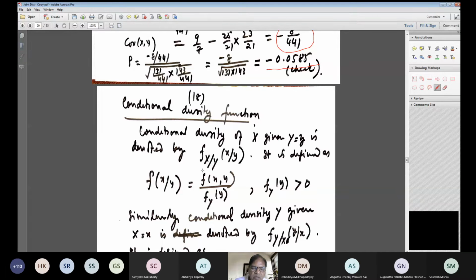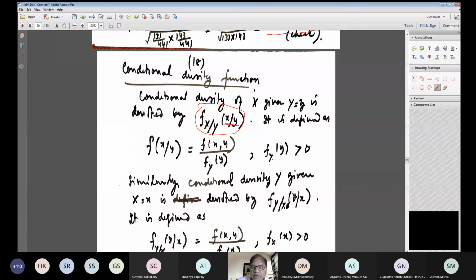It has a notation: f subscript x given y, x given y, where the subscript represents x given y. We are dealing with the conditional density function of x given y equal to y, and these are the dummy variables. So how is it defined? It is defined in a similar way: the joint density function divided by the marginal of y.